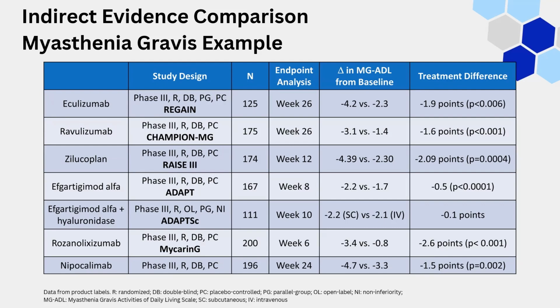Notice there are no head-to-head studies in this space at all. And so this is a perfect example where I want to evaluate how each drug changed that primary endpoint. Yes, they've been evaluated at different time periods, but it's helpful to inform value. It's helpful to inform the effect on a particular endpoint and so forth.